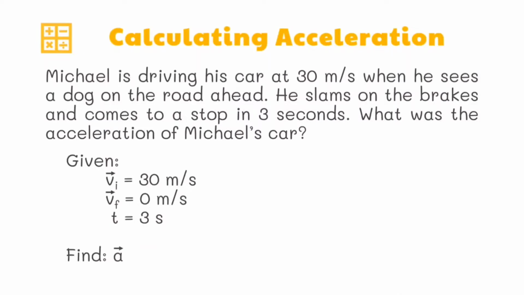So the formula for acceleration is the change of velocity over time. So we can simply subtract the initial velocity from the final velocity. So 0 meters per second minus 30 meters per second over 3 seconds.